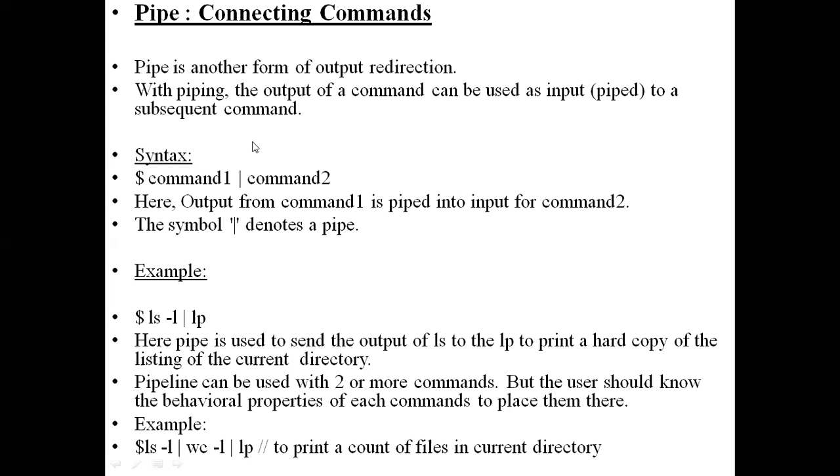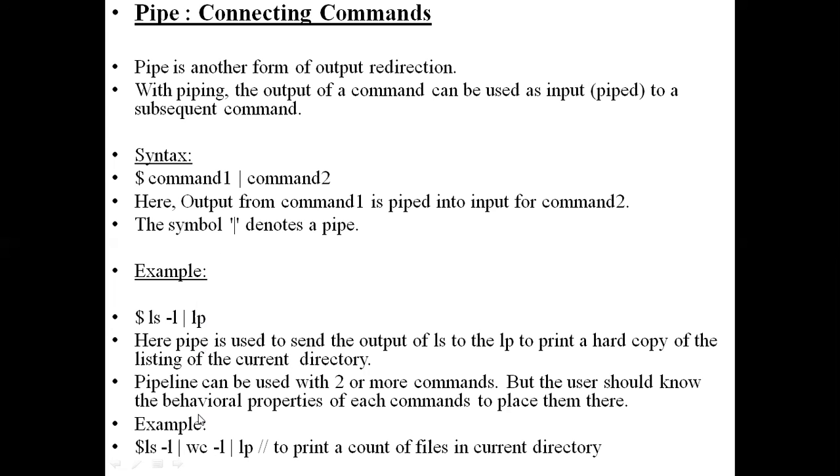The syntax that has to be used in order to use the concept of pipe is the command prompt itself, the first command, then the pipeline. That means whatever output you get after executing command 1 will be given as input to command 2. Your output from command 1 is piped into input for command 2. The symbol is the vertical bar. This denotes it is a pipe.